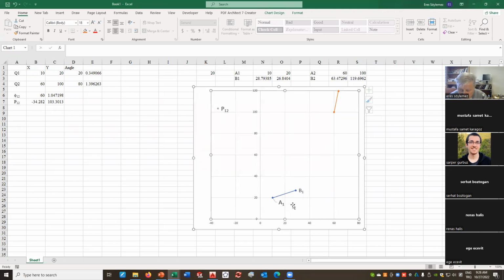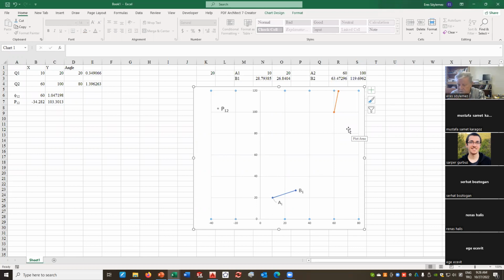Subscript. Then I think I made this too big. 14. Okay. You can do the same thing for B2 to show the case.